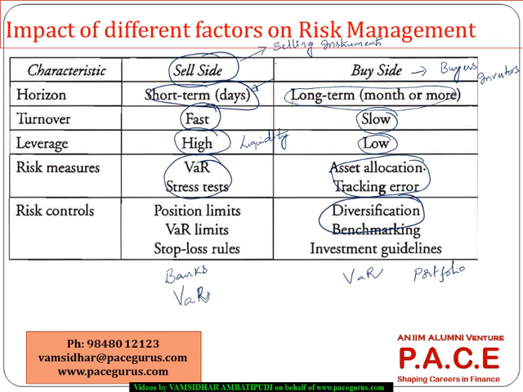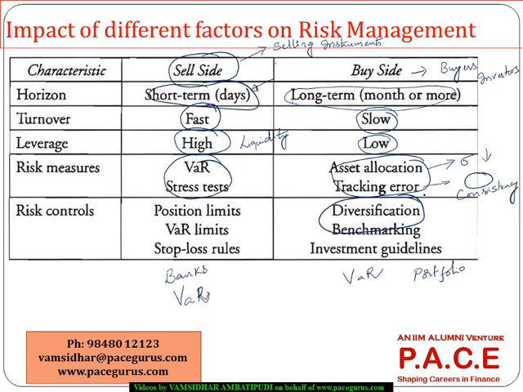But when it comes to individual investors, value at risk is considered only slightly nowadays. The majority focus is on how well I do the asset allocation so that my overall standard deviation comes down, or on making sure that the tracking error does not cross a particular limit and ensuring consistency in the investments.